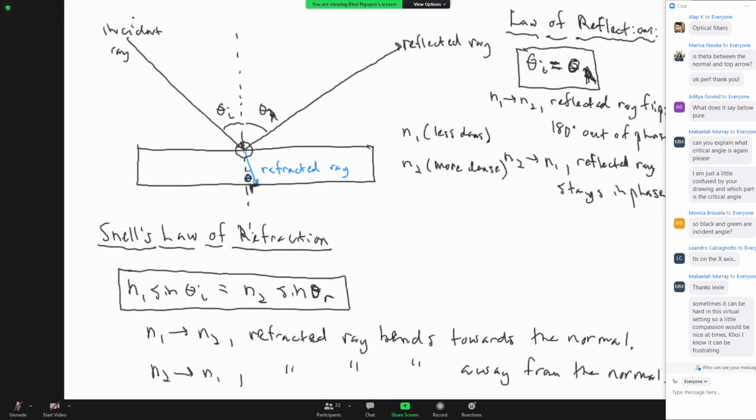If you're going from less dense to more dense, the light ray splits, not equally, but you have a reflected ray and a refracted ray. But total internal reflection, where all the energy from your incident light wave is saved and doesn't split between reflected and refracted, only happens when you're going from more dense to less dense, to answer that question. But yes, you can have reflection going from less dense to more dense.